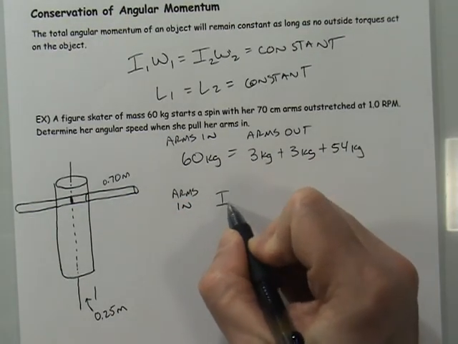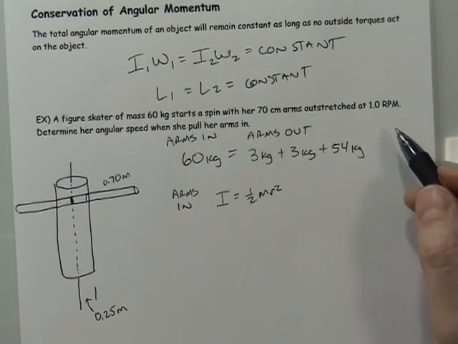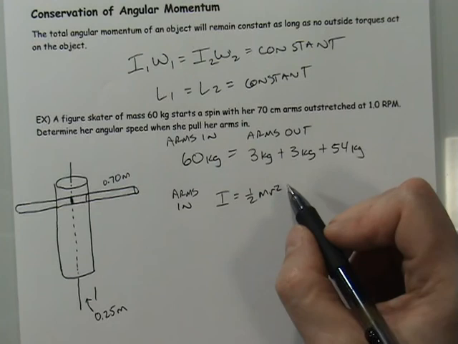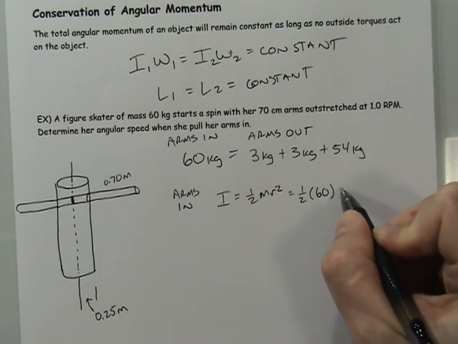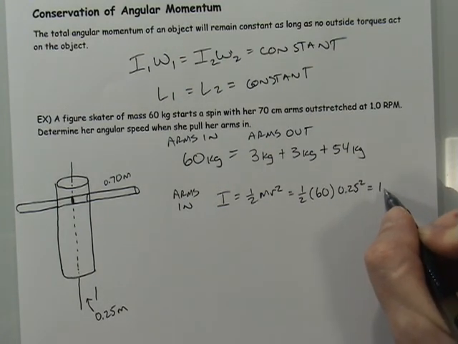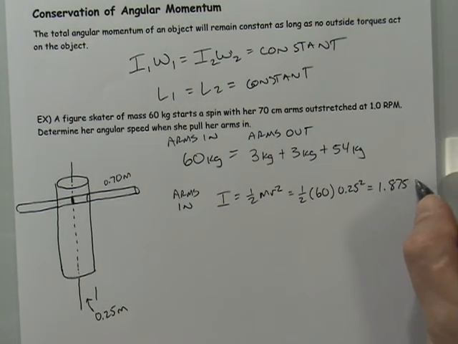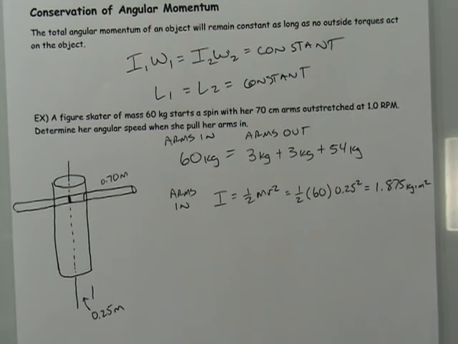And so therefore I is equal to 1/2 mr squared. Same thing we've used for every example that we've used so far. And so that's going to be simply equal to 1/2 times 60 times 0.25 squared to give me 1.875 kilogram meters squared. Okay, arms in, total moment of inertia of 1.875.